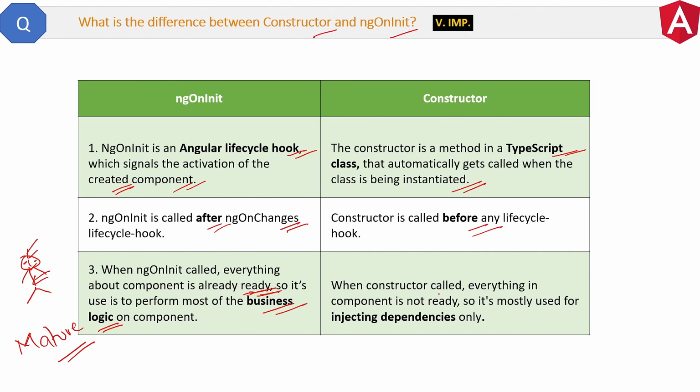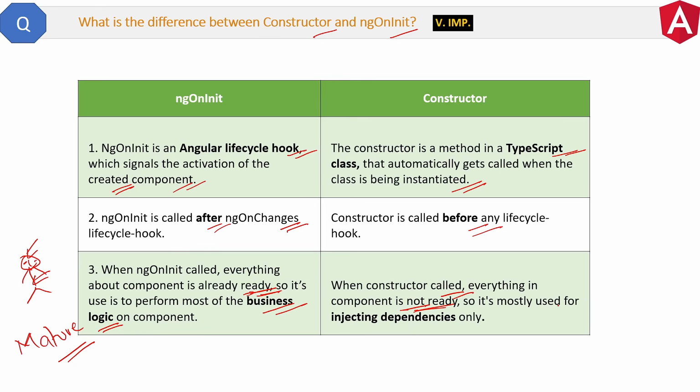Similarly, when the constructor is called, when the application has started, everything in the component is not ready, only some things. The component is still in the development phase. It is still not created or not developed.